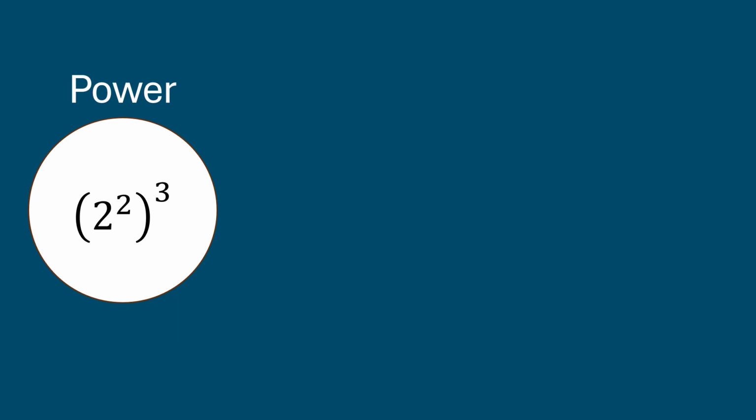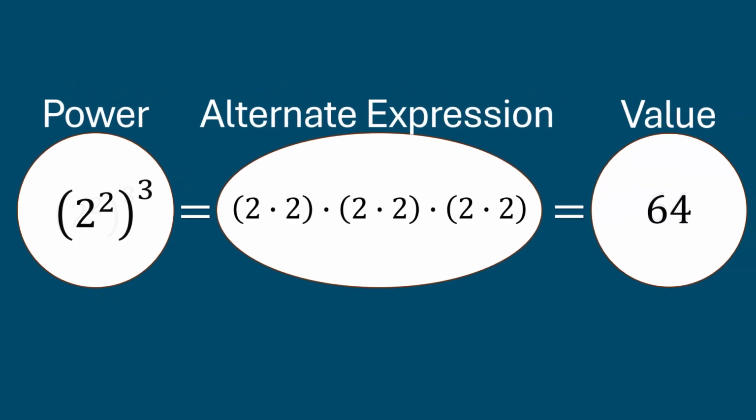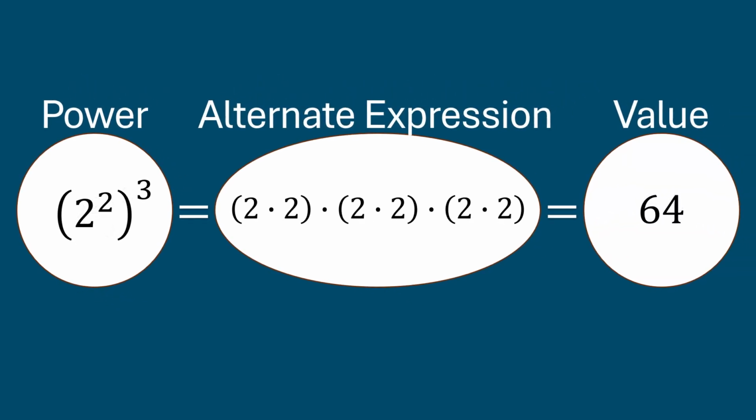So my alternate expression now looks like this. Notice that I've created 3 groups, each of which is 2 times 2. The final result gives me a total of 64.